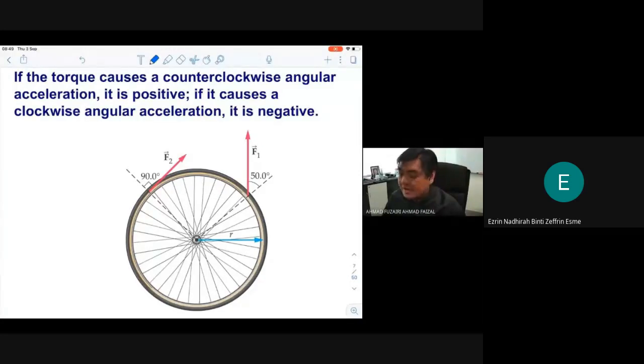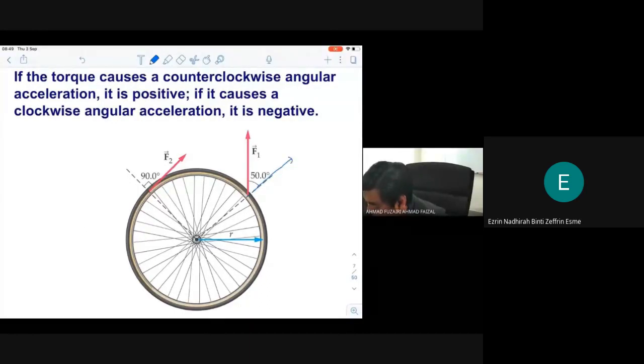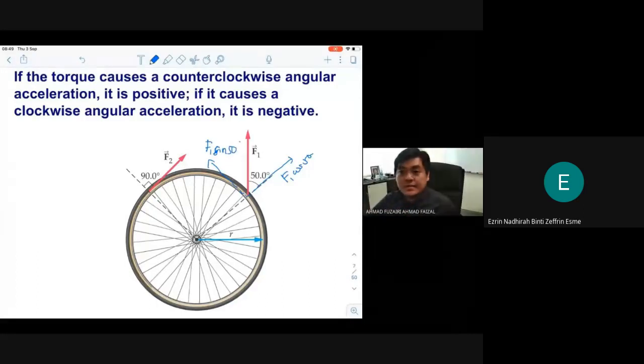So when forces apply to a certain value, let's say F1 and F2, when we see F1, we definitely know that F1 will come with F1 cos 50 and also F1 sine 50.